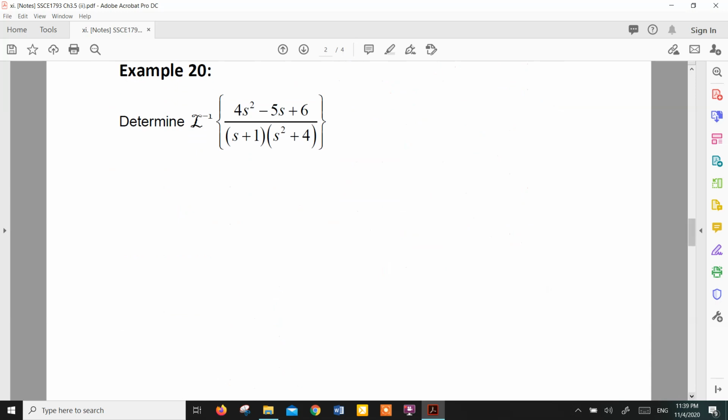Now example 20. Determine the inverse Laplace of this function.